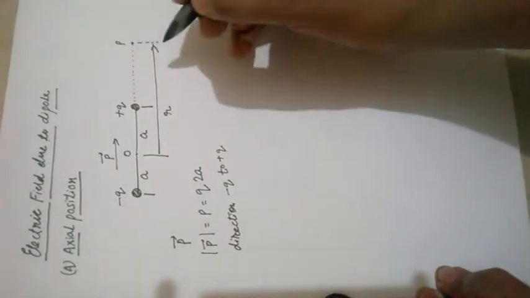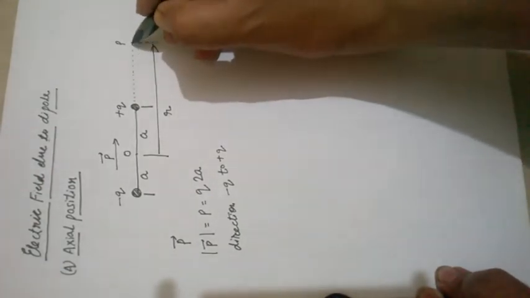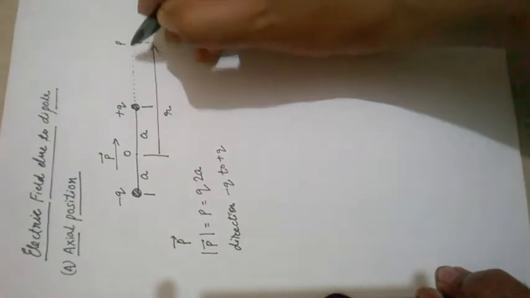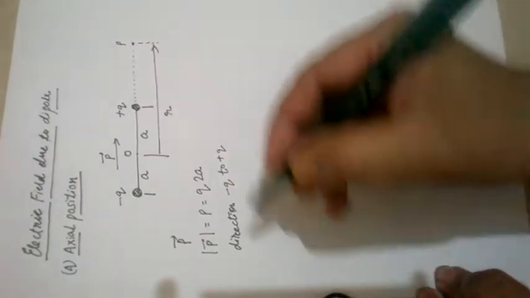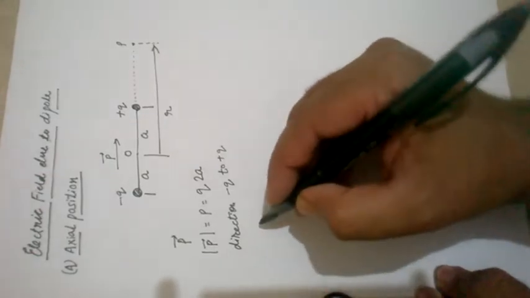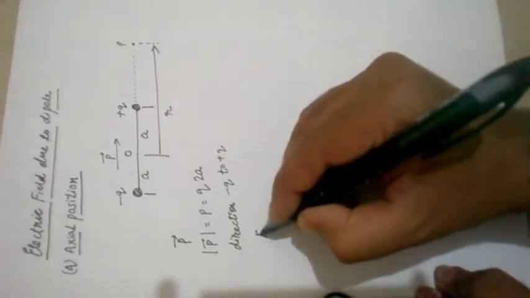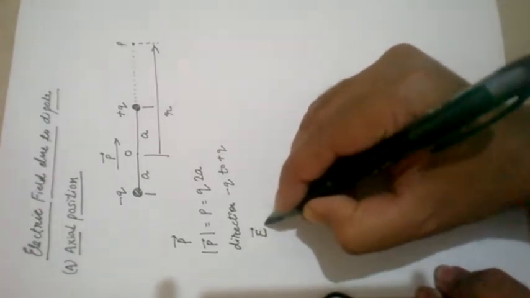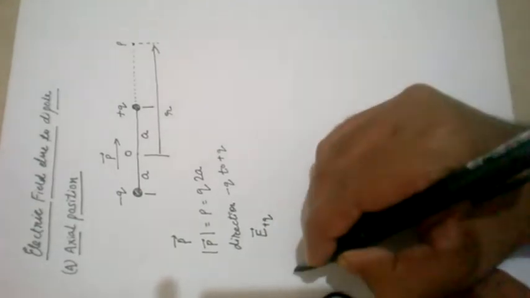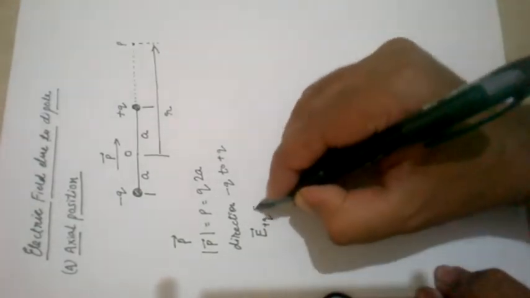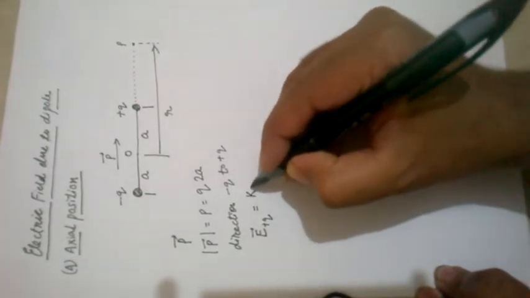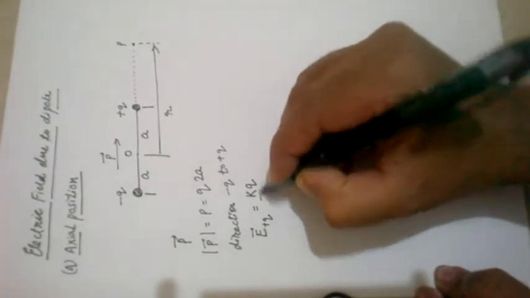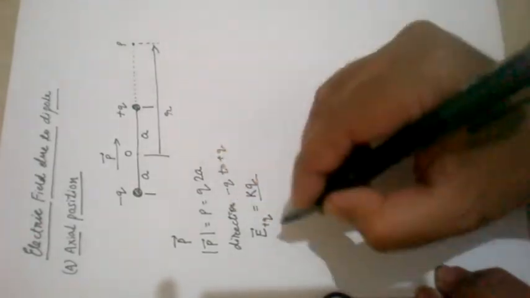Now, in order to find the electric field here, let us consider the electric field of the plus q charge. The electric field due to plus q charge equals k q upon distance squared.